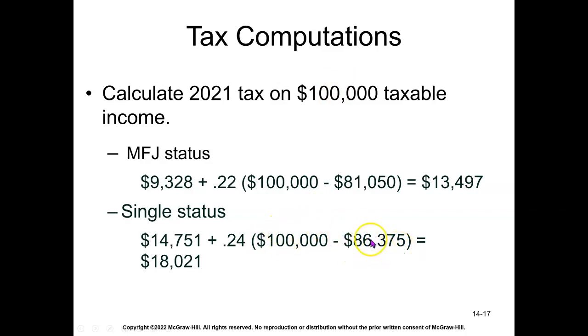So the amount that you're over that entry point times 24% added to $14,751, which again comes from that formula, means you have tax due of $18,021. So just by being different statuses, you're either married filing jointly and have $13,497, or you're single and have $18,021.